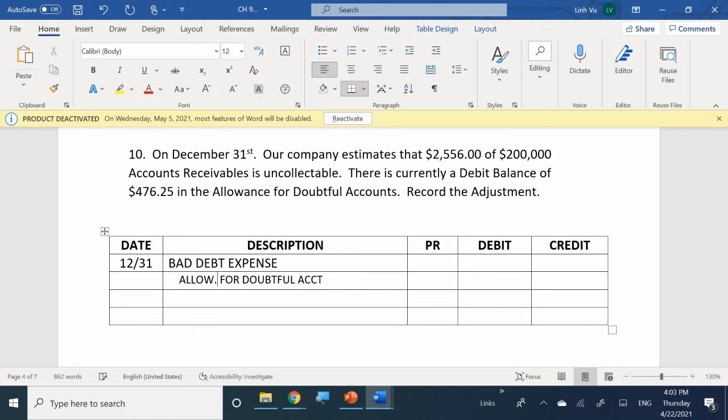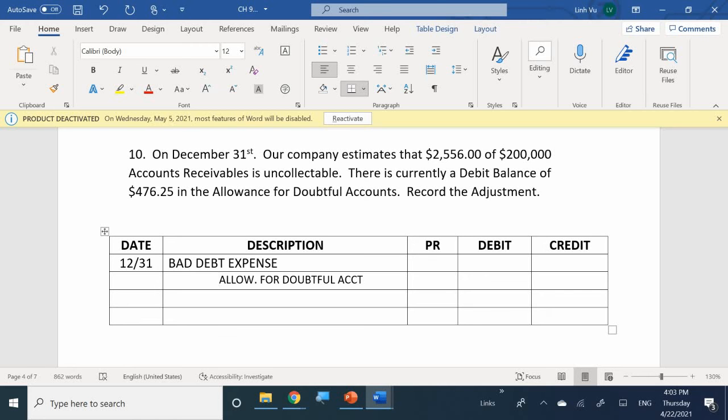Okay, so let me space that out a little more. Specifically, what method are we using? Let's take a look at our numbers. The company estimates that $2,556 of a $200,000 accounts receivable is to be uncollectible, and there currently is a debit balance of $476.25 in the allowance for doubtful accounts.